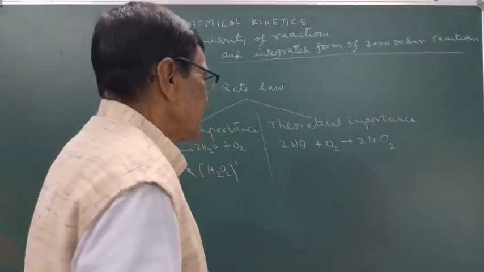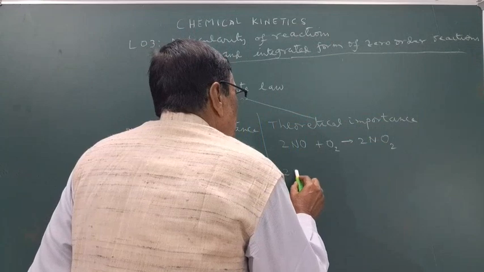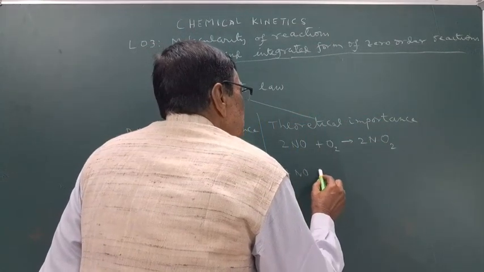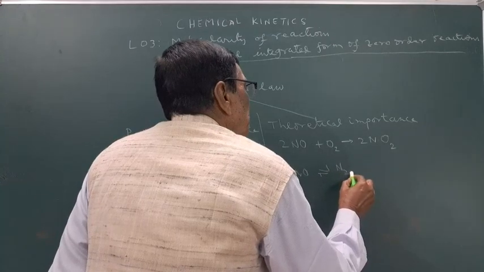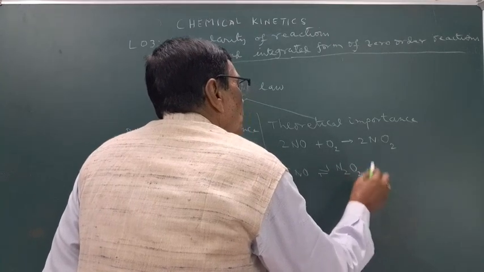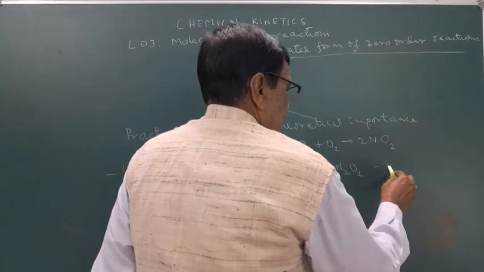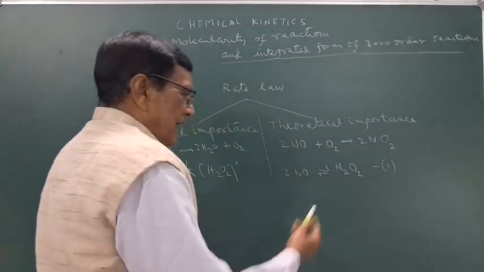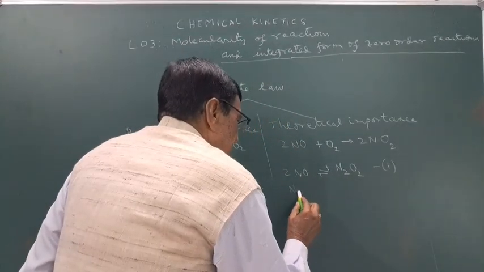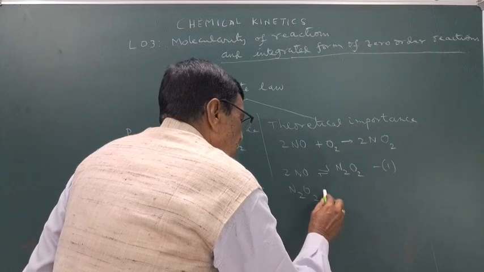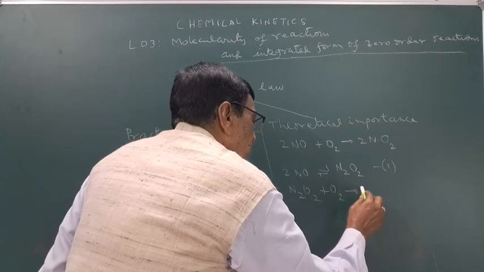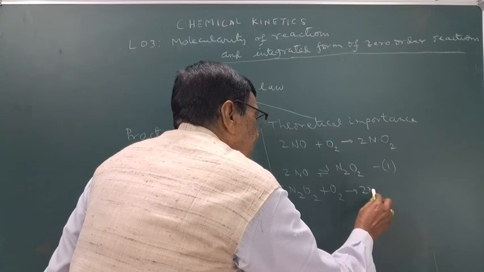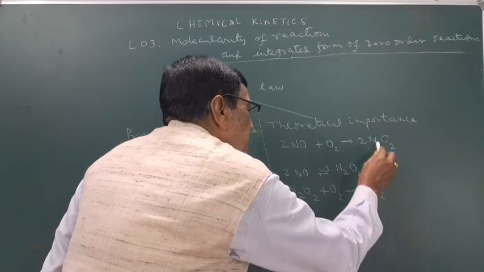Suppose in this case, say twice NO in reversible equilibrium with N2O2. This is the first step. And the second step, N2O2 plus oxygen giving you twice NO2, this product.